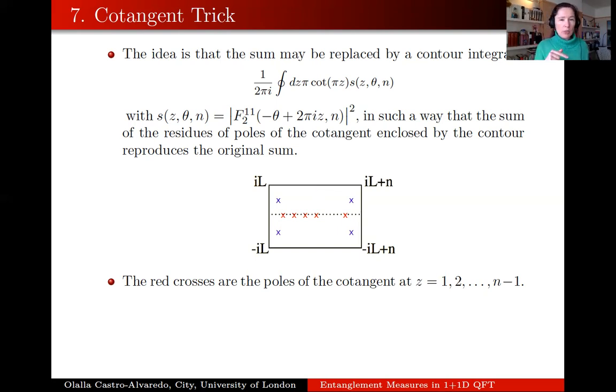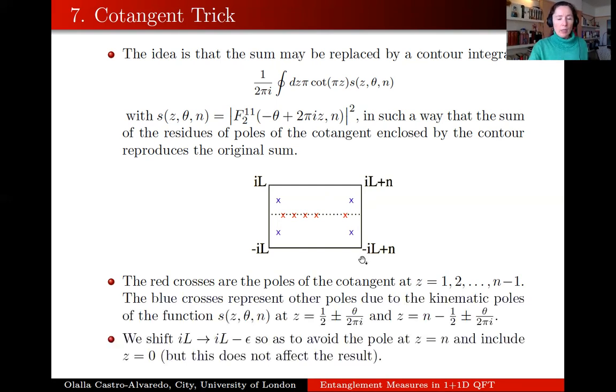But then we have the contour itself, and then we have some extra poles, these blue crosses. And these extra poles, they're actually the kinematic poles of this form factor, because the form factor has these kinematic poles at i pi and i pi to n minus 1. And because there are two form factors, that gives 4 poles. And if you work them out, they are exactly at these points in here. Okay. Now, remember that the sum was from 0 to n-1 in the original formula.